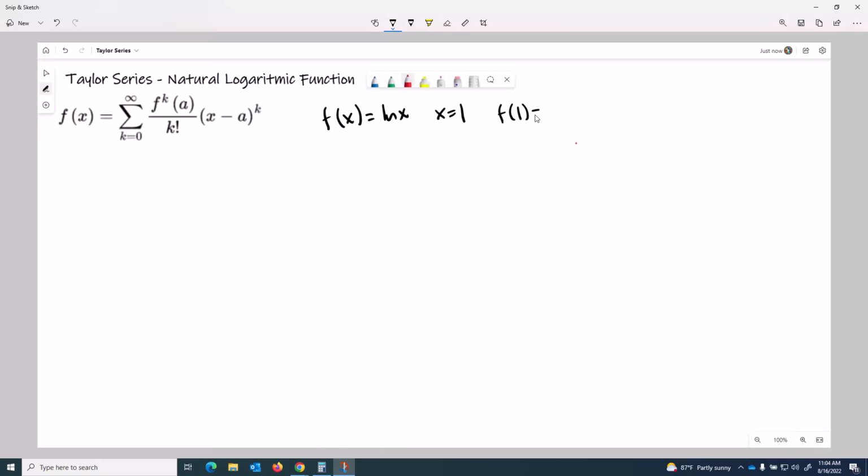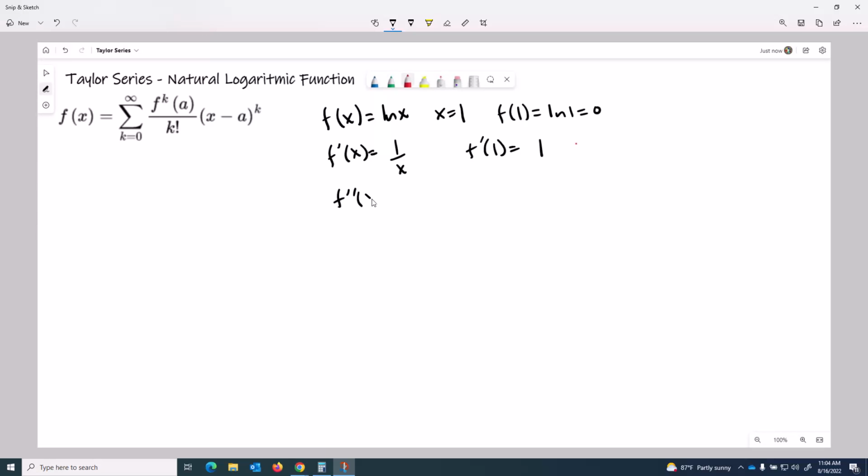Now, notice that if we plug in 1, we get natural log of 1, which is equal to 0. Take the first derivative, and you get 1 over x, which if we plug in the value 1, is just equal to 1.